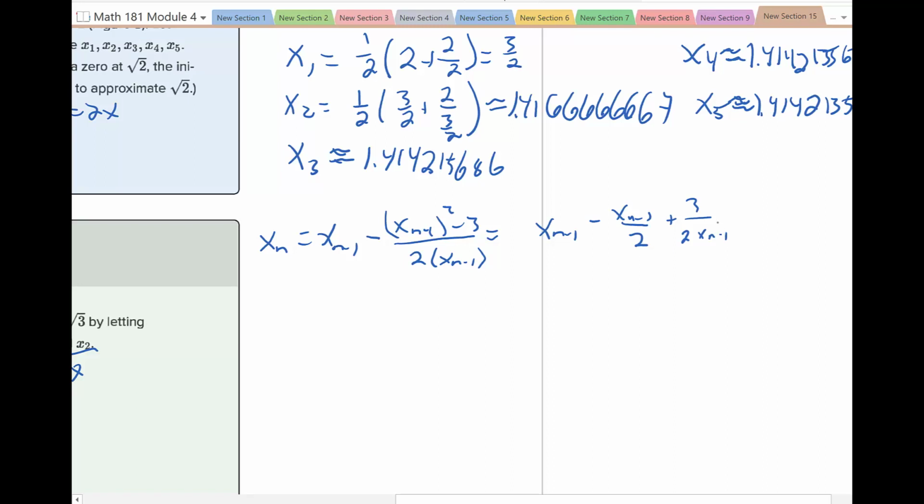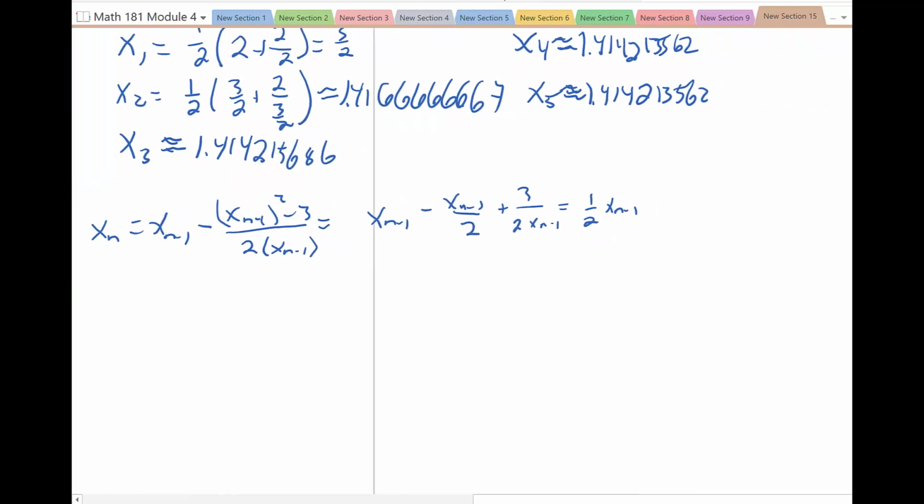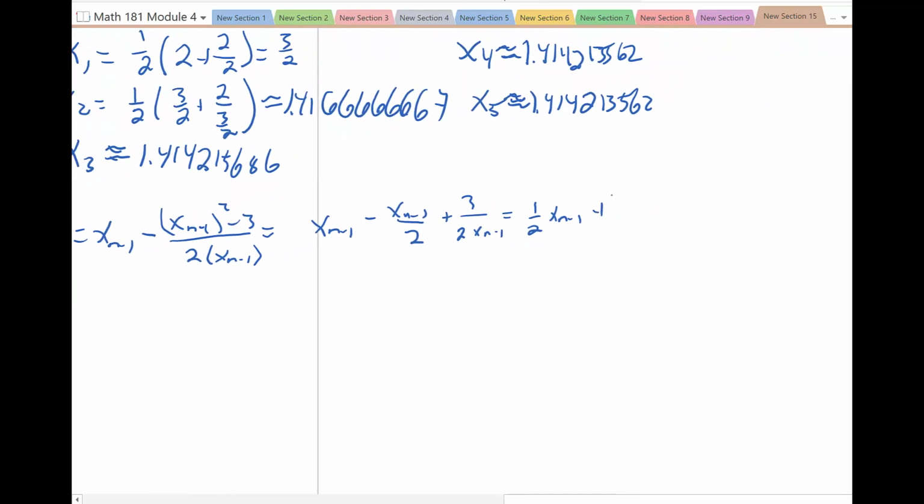This cleans up just a little bit so that those first 2 terms cancel or subtract. So you'd end up with 1/2 x sub n minus 1 plus 3 over 2x sub n minus 1. So you end up with 1/2 times x sub n minus 1 plus 3 over x sub n minus 1. That's about the cleanest it gets.